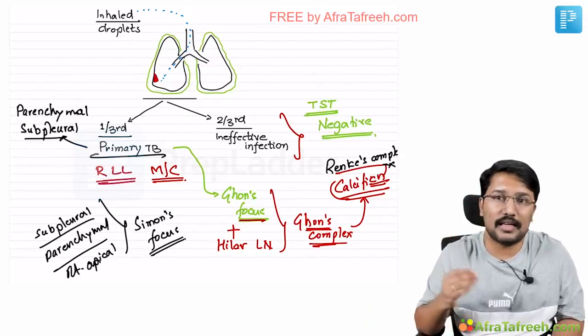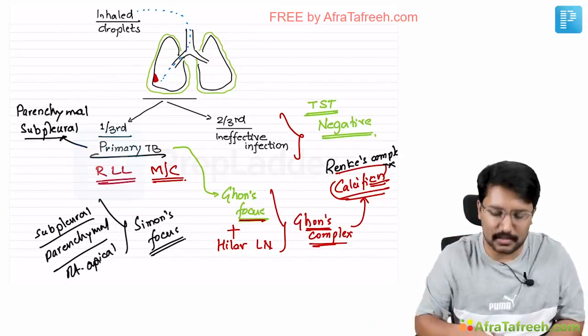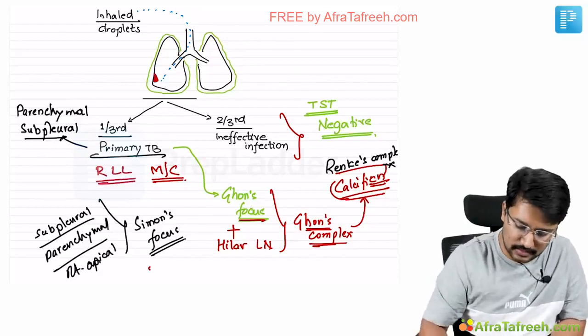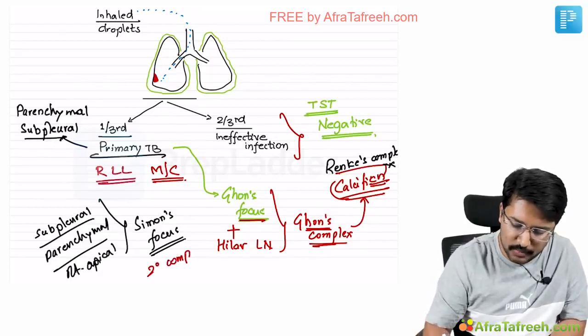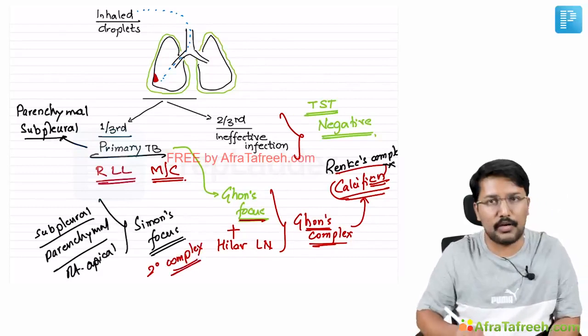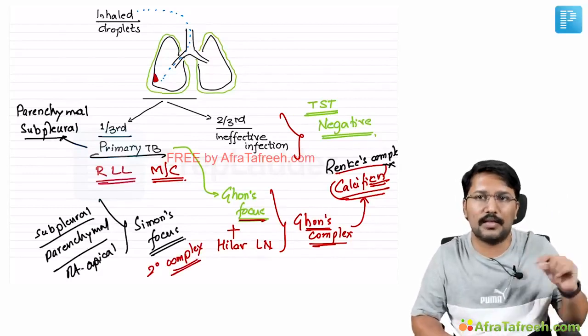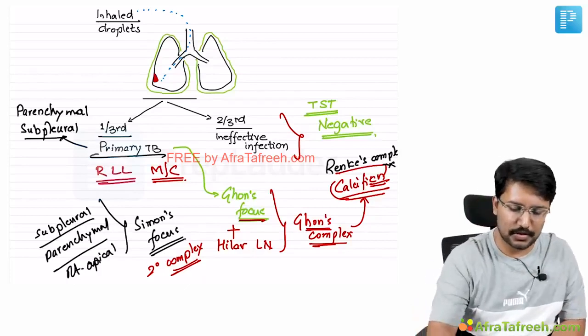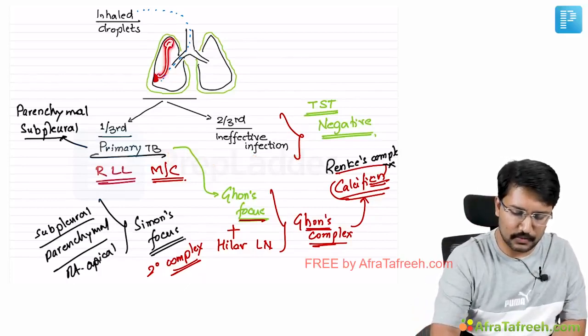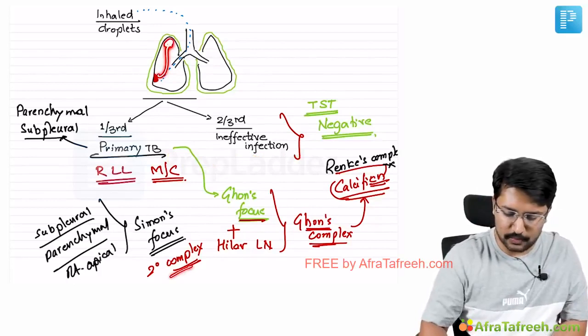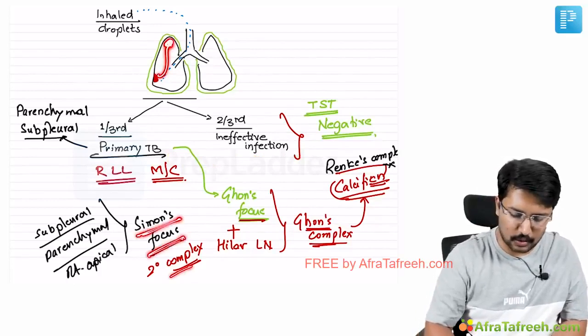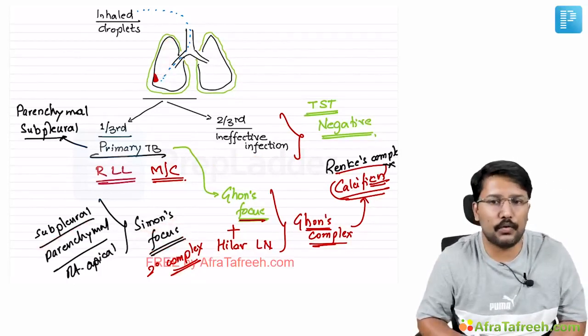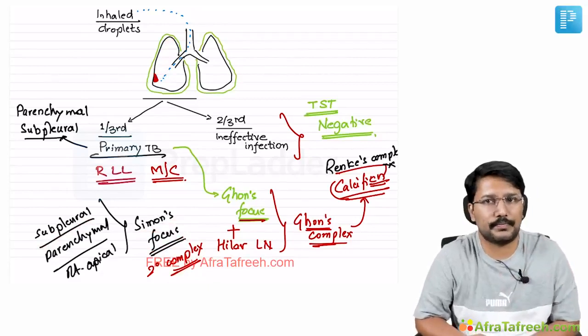Simon's focus is called the secondary complex because the primary complex is Ghon's complex, or primary focus is Ghon's focus. From there is dissemination. As part of the primary tuberculosis infection itself, there is dissemination to the right apex. This is what we call Simon's complex or Simon's focus. So Simon's focus is also a subpleural apical focus. So these are all primary focus.